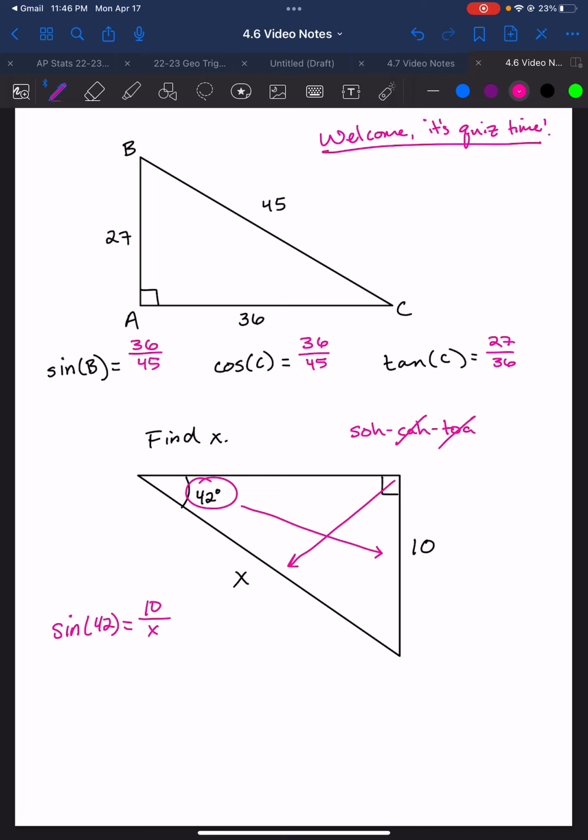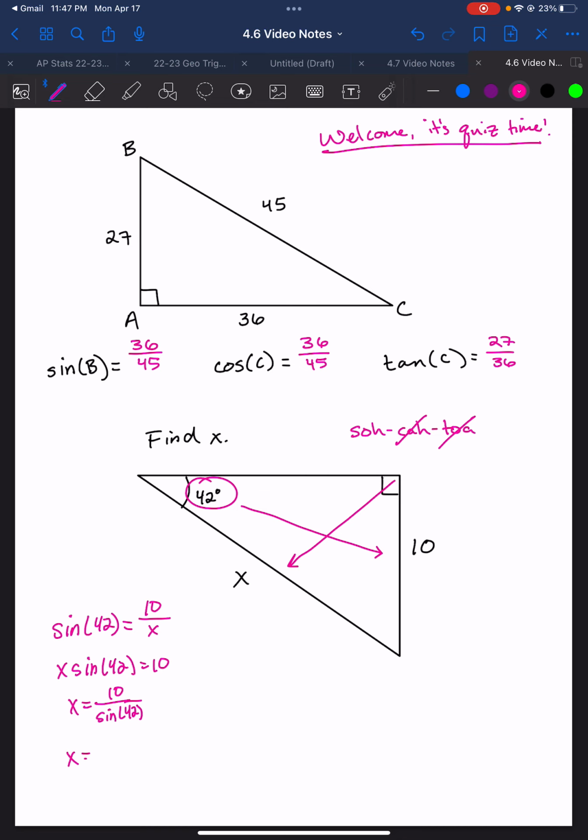So I multiply over and divide out, and I get my value. So I'm going to take that and using my trig table, I can find my sine of 42.